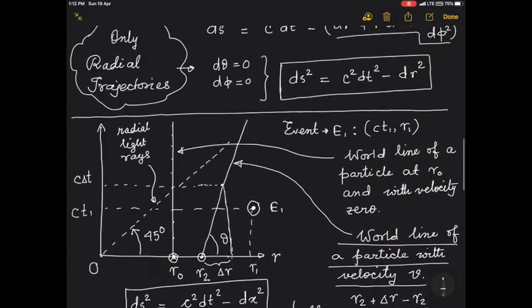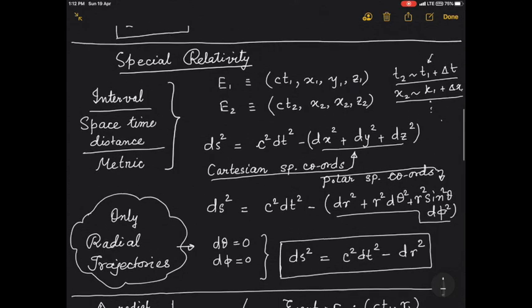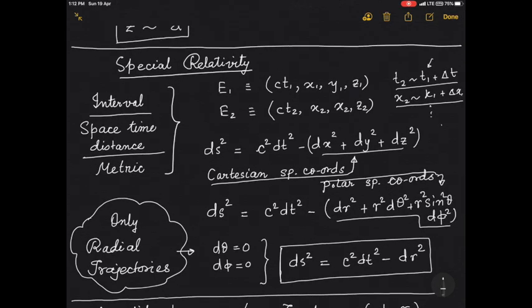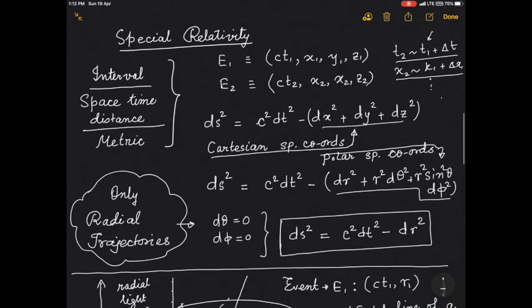So let us go back to our discussion on special relativity and revise for the time being. So we said in special relativity we have this concept of interval, or we call it spacetime distance or metric, which is essentially the spacetime distance between two events E1 and E2, and that is given this way.